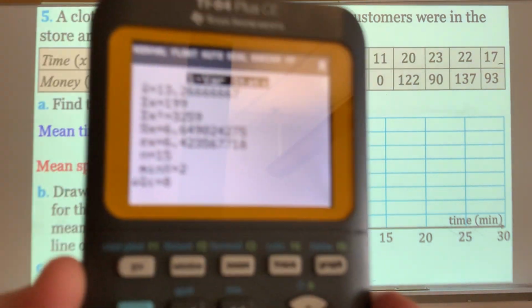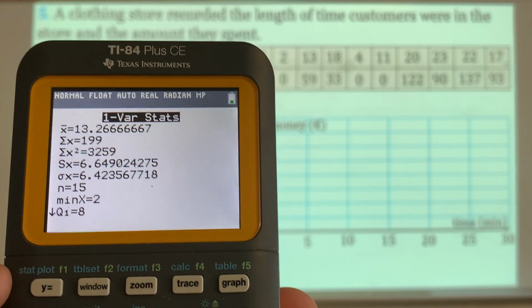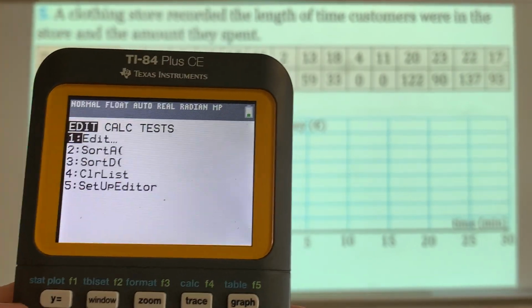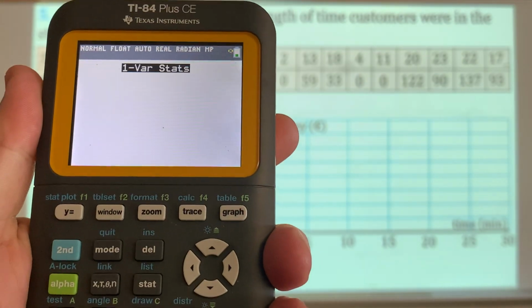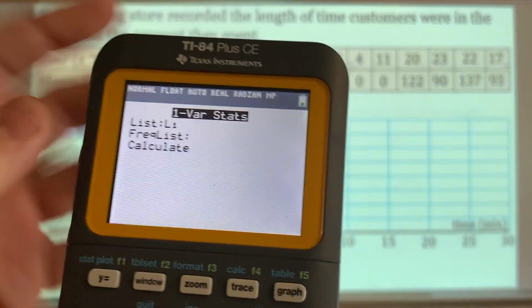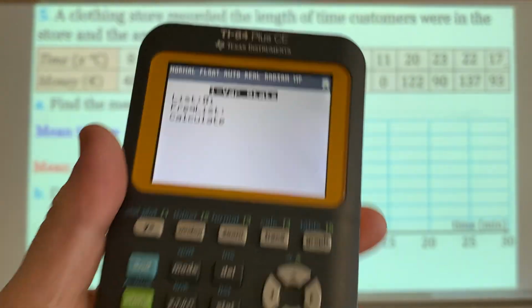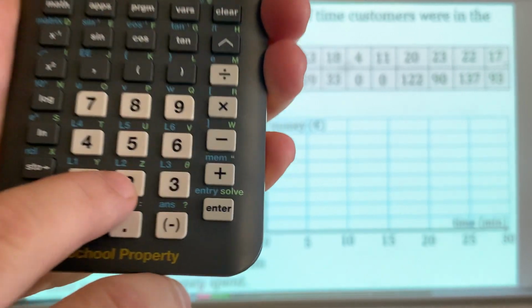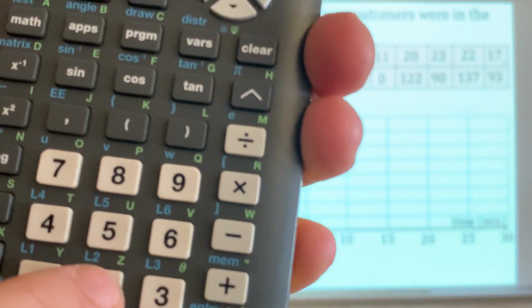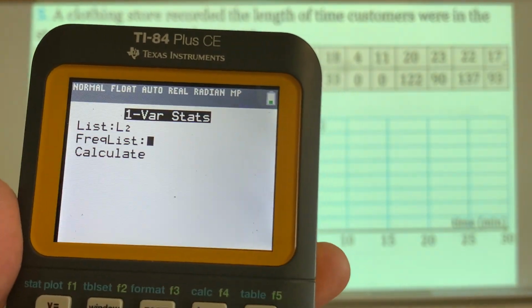Now, mean spending, in case you want to do that with your calculator. You can add up all the numbers and divide by 15 again, or you can go back to Stat, Calc. When you go to One-Variable Statistics, I don't want L1 anymore. I want L2. Remember, you hit the second button, then button number 2, because the 2 is your L2. That changes L1 to L2 right here.